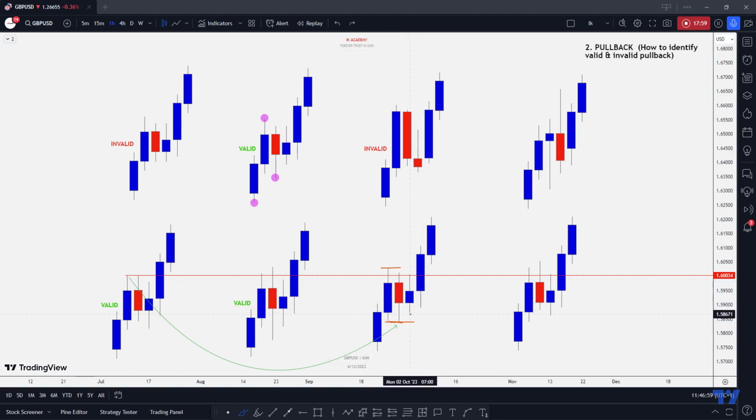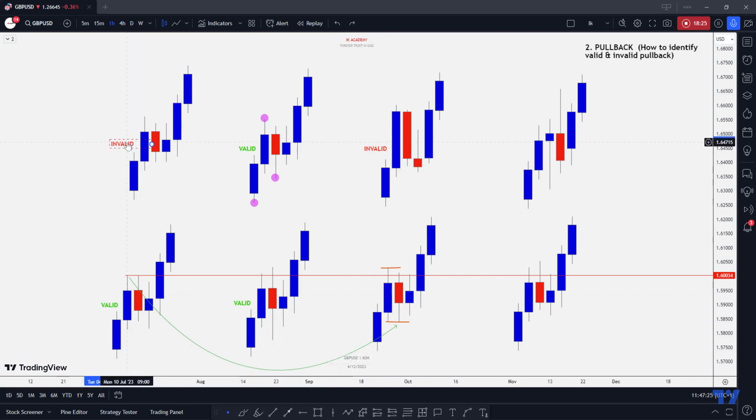If price on the third candle comes back and takes out this particular one, then we know that this is now a valid pullback. But with this example that we have here, where price printed an equal low at the bottom, even if it prints a high here, it means that this blue candle has to take out this low. So that's just the whole concept.